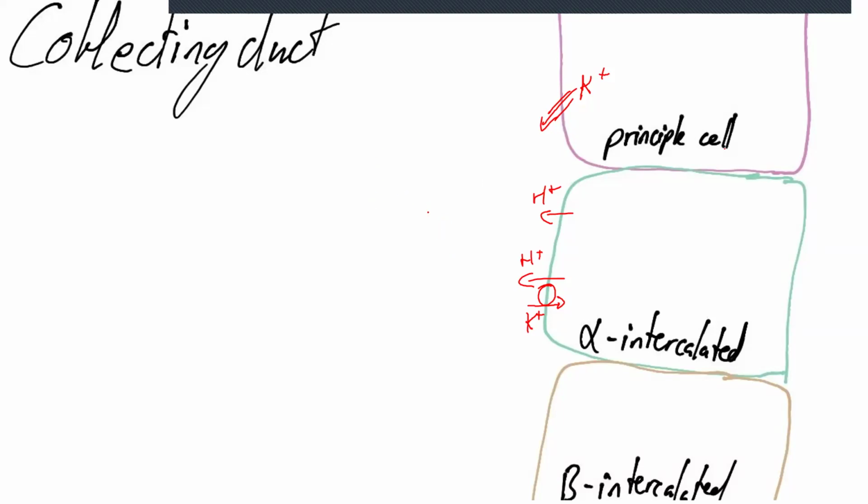So again, you have the H plus and bicarb, which through carbonic anhydrase 4 are going to form CO2 and water, and then the CO2 moves in, carbonic anhydrase 2 activates again, which forms bicarb, which can then leave the cell through another channel.